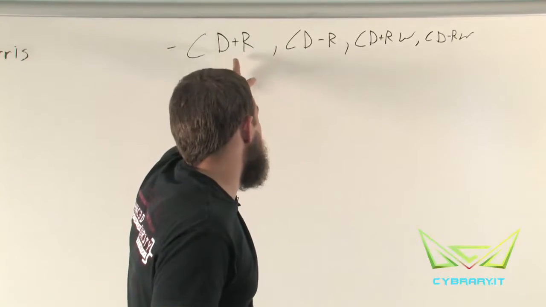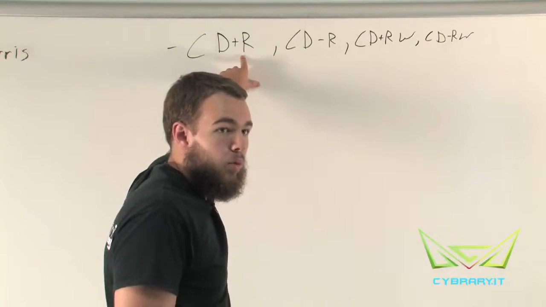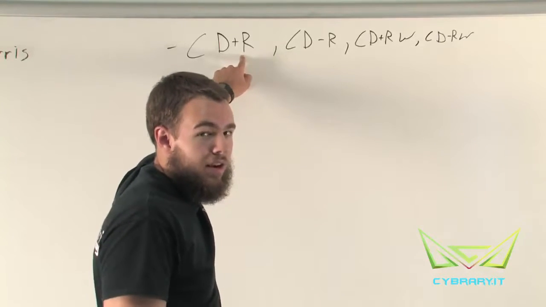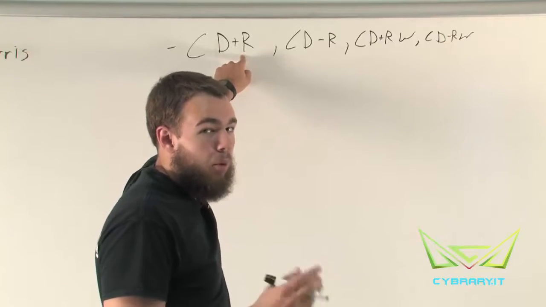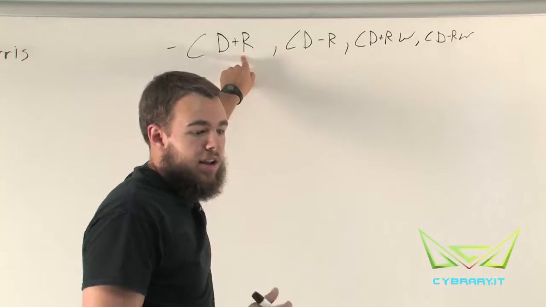And again, to reiterate, if it's R, we can write to that disk once, and from then on that disk is read-only. We can go back later and add more information to the disk, but once the disk is full, if it's a CD-R, it's full.